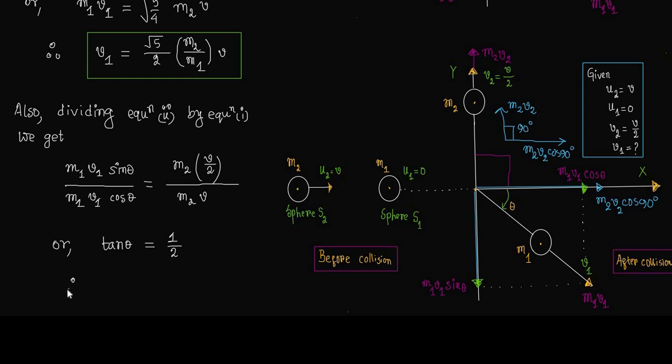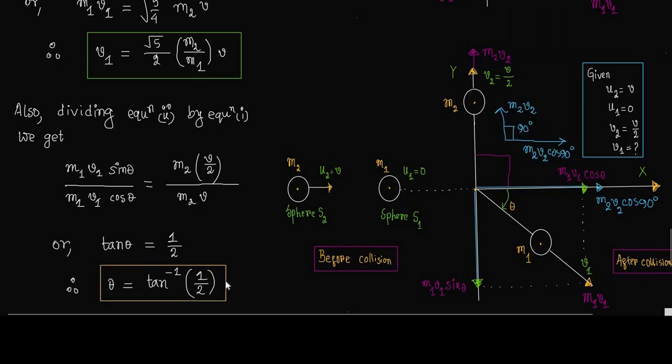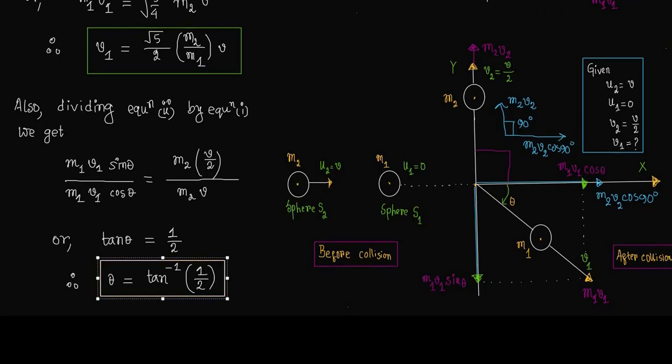Or, tan theta is equal to 1 by 2. Therefore theta is equal to tan inverse 1 by 2. That is the angle of direction of sphere S1 with respect to x-axis. That's why the answer is option A and C. Option A and C are correct options.